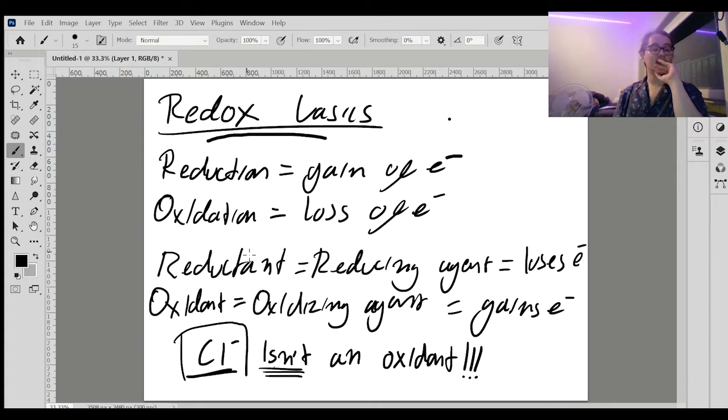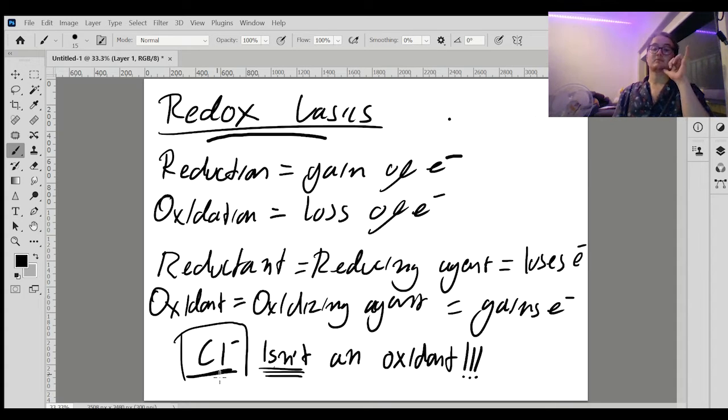It's also reductant, knowing that a reductant or a reducing agent, the same things, they both lose electrons, not to get them confused with gaining electrons, and an oxidant or an oxidizing agent will gain electrons, as the oxidant oxidizes it takes them, so it itself gains.